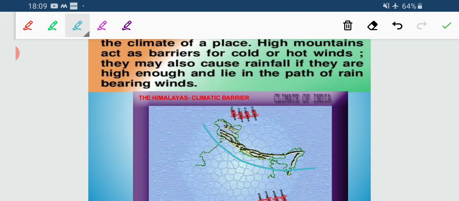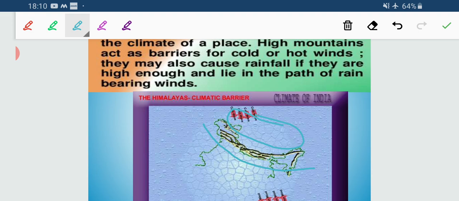Why is it so? Because this is the Tibetan part, which is a cold desert. It is considered a cold desert because the temperature here is extremely low. So the chill winds of this area cannot cross into our country. It is being protected by the Himalayan mountain.